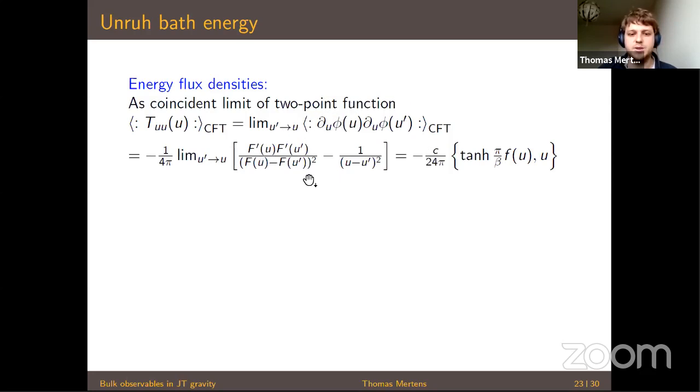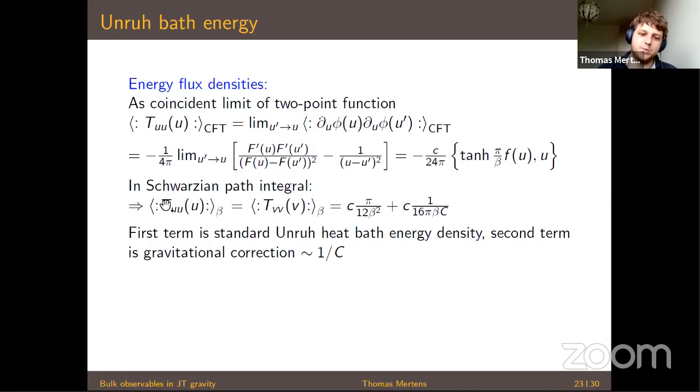So just plug it in and you find that this energy flux density is just a Schwarzian derivative. And then in the second step, we insert that in the Schwarzian path integral. I didn't really mention how you compute Schwarzian path integrals with Schwarzian derivative insertions, but they're not difficult to do, and you can find them in lots of the literature.